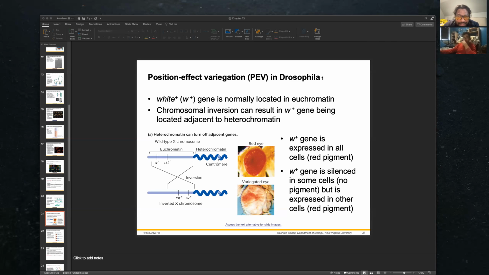Up top, it's expressed in all cells, so it gives off a red pigment, but when it gets close to the heterochromatin, it gets silenced, so there's no pigment. But it's not completely silenced because it's not literally inside the heterochromatin, just adjacent to it. So in other cells, it is expressed.